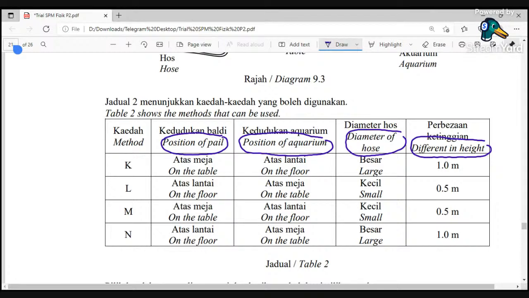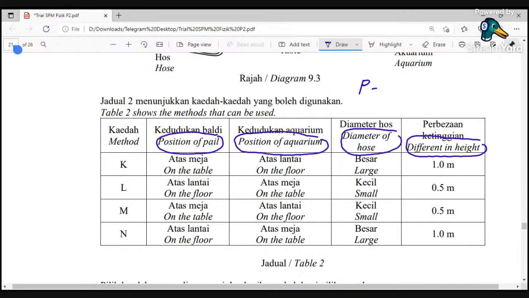Remember, for water to be transmitted at high speed, using the formula P equals H rho G, the factors that affect pressure at a certain point are depth, density, and G. In this case, we are using the same water and the same G, so the factor H needs to be considered.